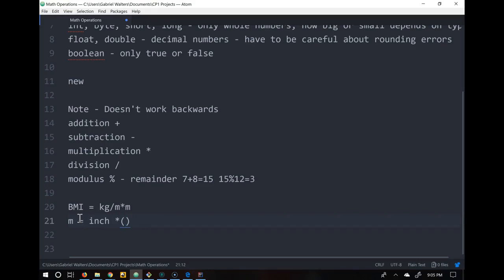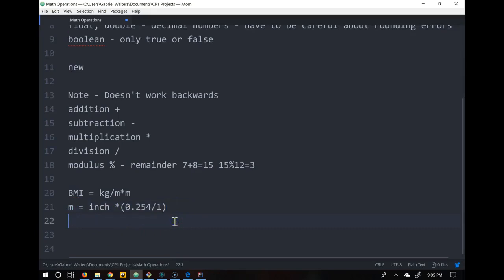So I would have to say that 0.0254, that's my conversion, divided by 1 inch, so if I multiply this by 0.0254 and divide it by 1, would give me meters, and I could go backwards the other way.